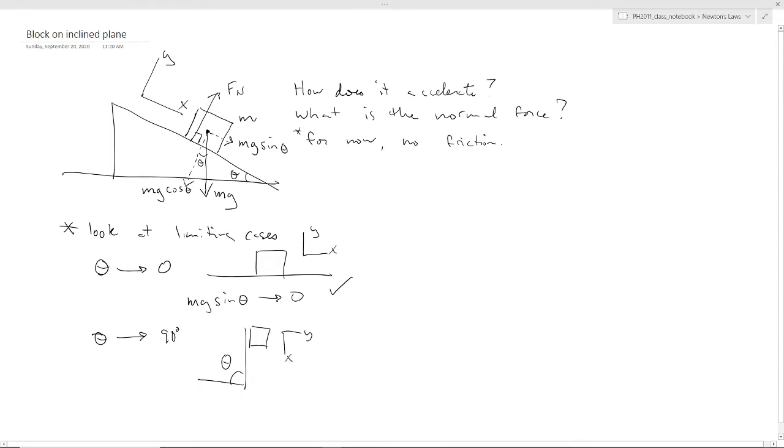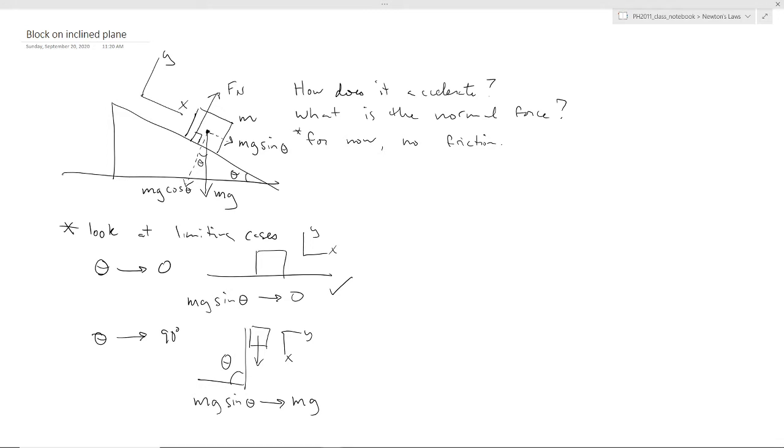But now in this case, we would expect there to be a force, and in fact, we would expect it to be all of mg. So this is now just falling, in which case it would just be feeling its weight. So when theta goes to 90 degrees, this becomes just mg, as we expect.